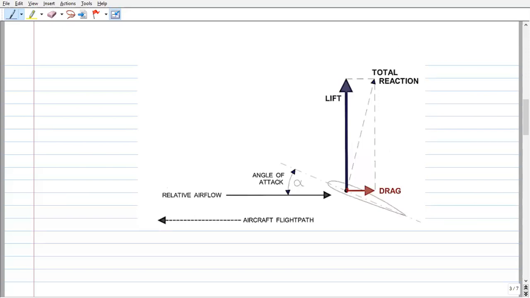So that's the center of pressure, the point on the chord line of the wing or the airfoil wherein ina-assume natin na doon mag-act or concentrated yung ating aerodynamic forces like the lift and the drag. So kapag nag-increase ka ng angle of attack, anong nangyayari sa center of pressure mo, it moves towards the leading edge.